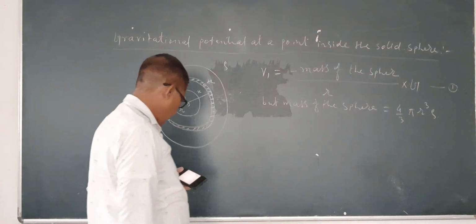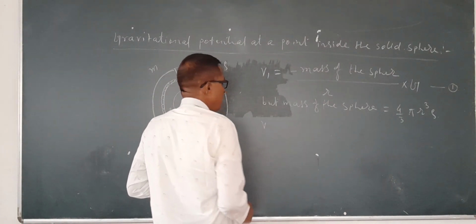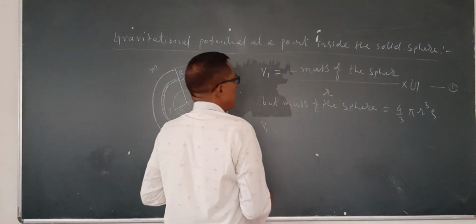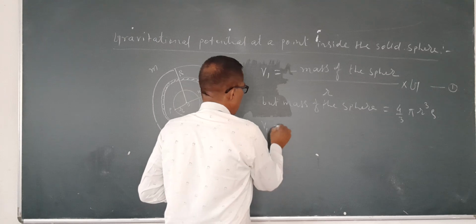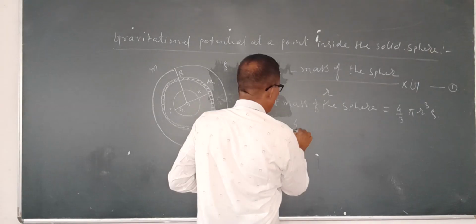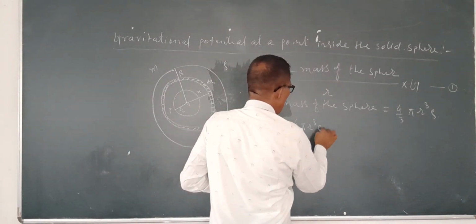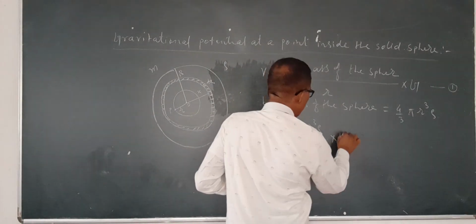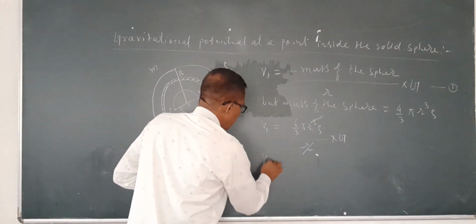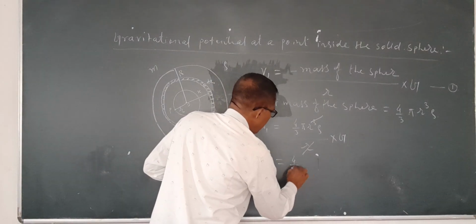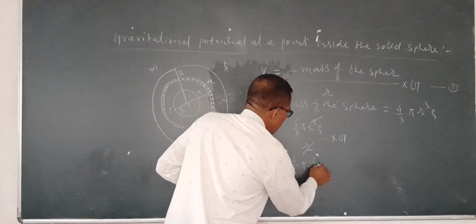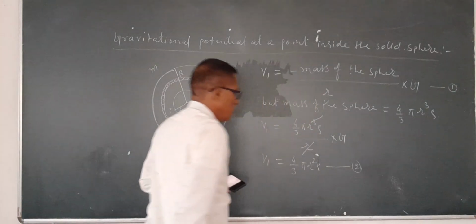We can put this formula in equation number 1. Therefore equation 1 becomes V1 equals 4 by 3 pi r cube rho divided by r into G. One r will get cancelled, and V1 equals 4 by 3 pi r square rho G. This is equation number 2.